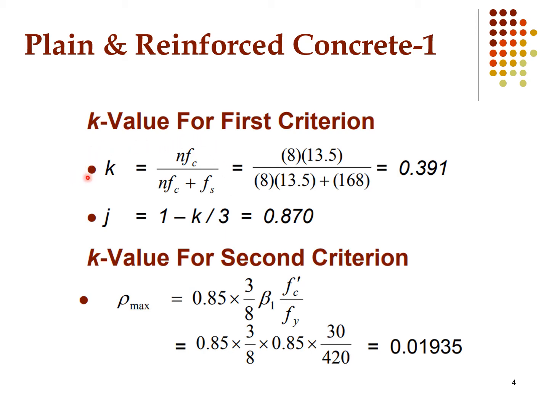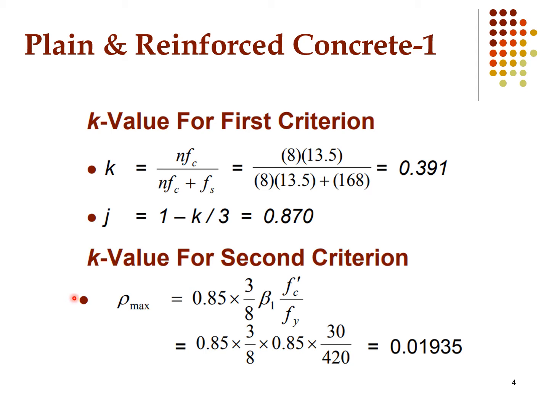This formula is also given in the design aid manual of PRC. If we plug in these values, we will get 0.391. j, we know, is equal to 1 minus k by 3, so we will get 0.870. This is the value of k and j based on this formula.